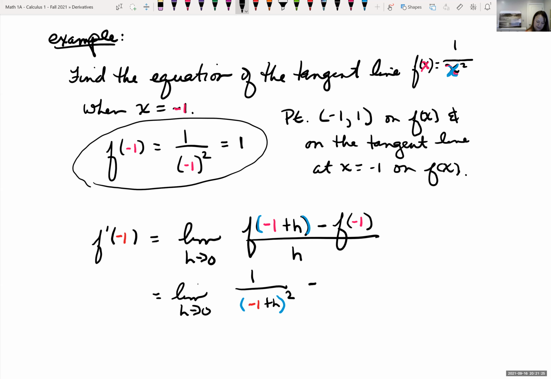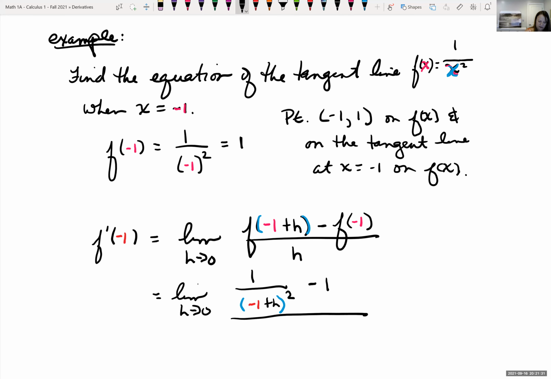So minus this 1, all over h. I'm still getting 0 over 0, because if I plug in 0 here, that first fraction would have given me 1 over -1 quantity squared, which is +1. So 1 minus 1 is 0, all over 0.